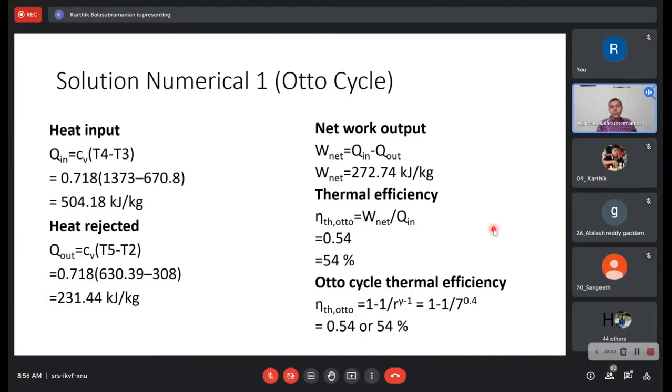And thermal efficiency, what you get is work net by Q1, so 54% is what you get as thermal efficiency. Which you can directly calculate as 1 minus 1 by r to the power gamma minus 1. So again you get it as 54%. Right? This is with an assumption that all the processes are happening isentropically, at constant volume and so on.